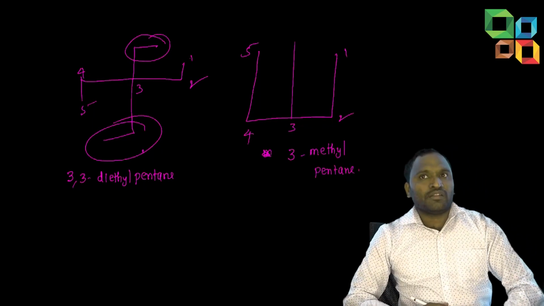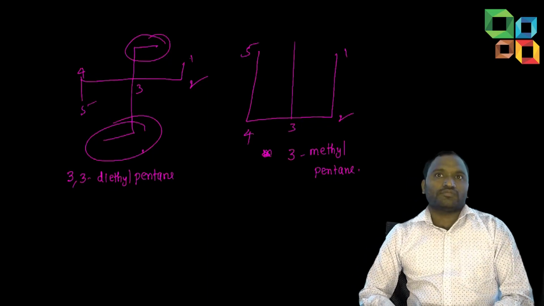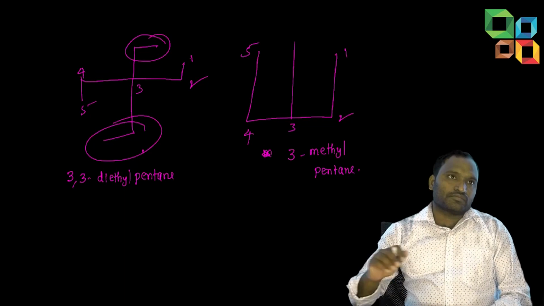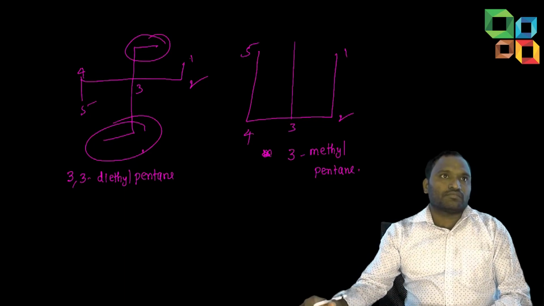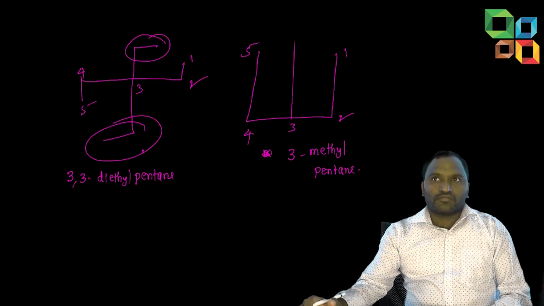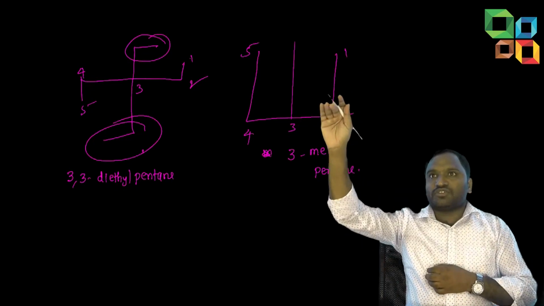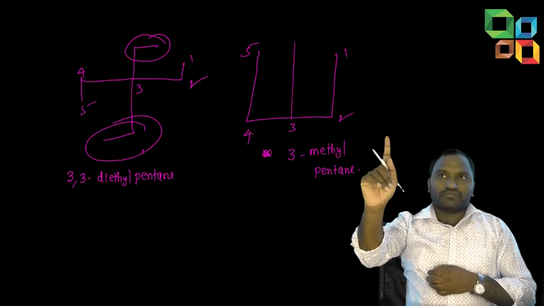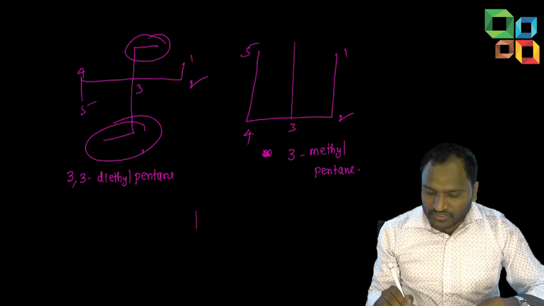Is it difficult? No. Sir, how will we know if it is ethyl or methyl? A straight line, however big it is, is one carbon only. See, you asked, Anaga, look at this side.